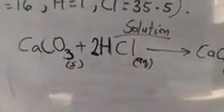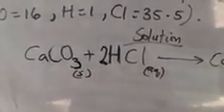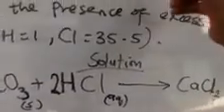So now that we have balanced this chemical equation, the next step is to convert the given unit to mole. So what are the given units here? The given unit here is 25 grams of limestone. So how can we convert 25 grams of limestone to mole?